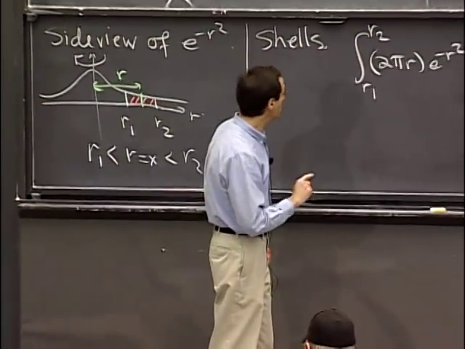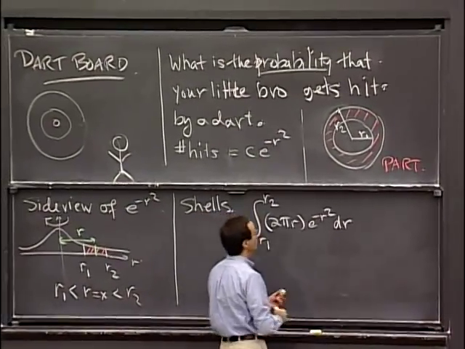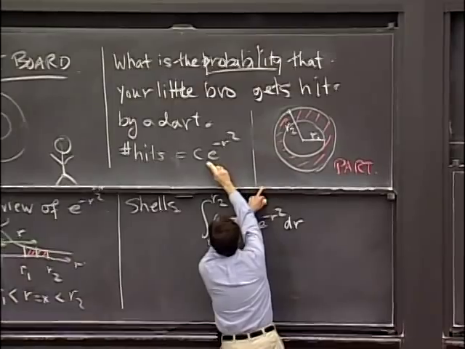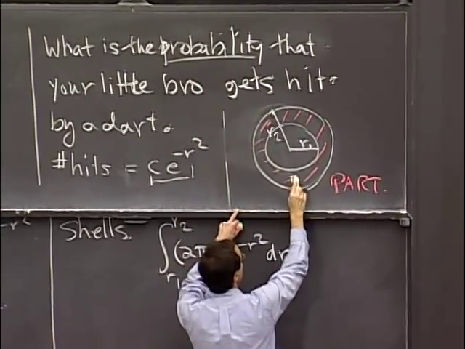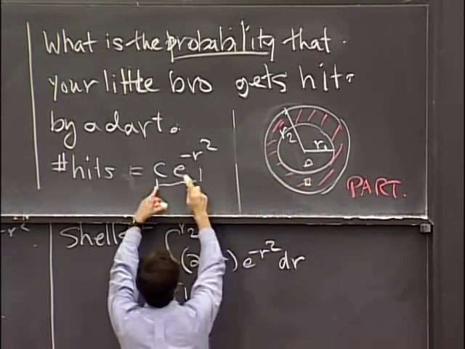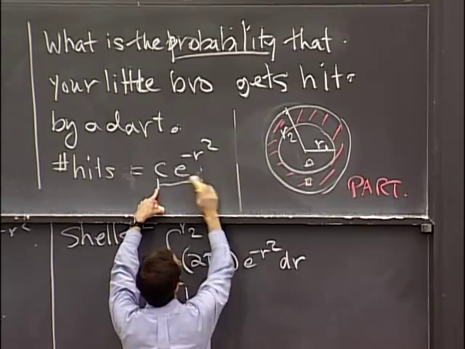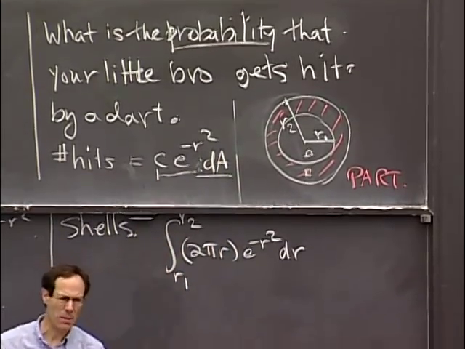And the reason is an interpretation of what I meant by this. What I meant is that if you wanted to add up the likelihood that this thing will be here versus here, the proportions are the number of hits times, if you like, d area. That's really what I meant here.